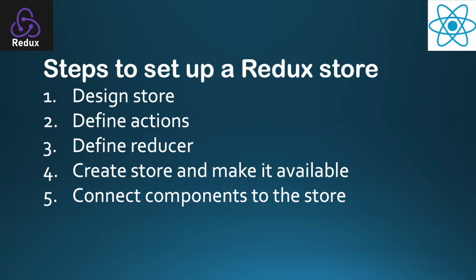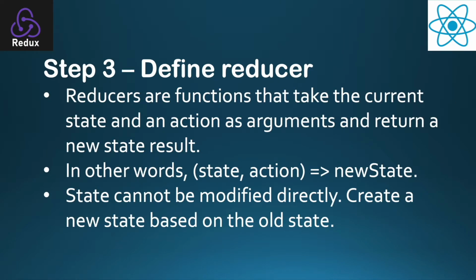What is the third step? Define a reducer. So what do we mean by a reducer? Reducers are functions that take the current state and an action as arguments and return a new state result. So we have the state, we have an action, and the reducer generates the new state based on the action.